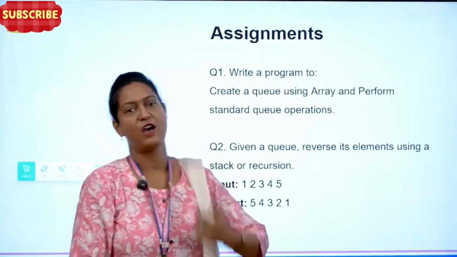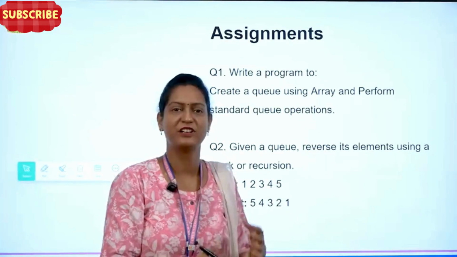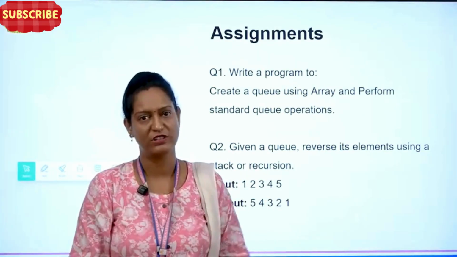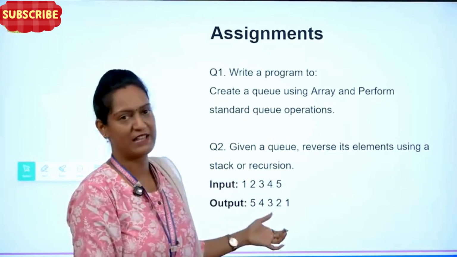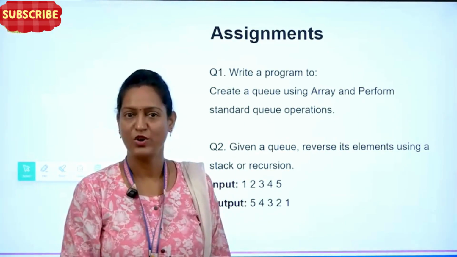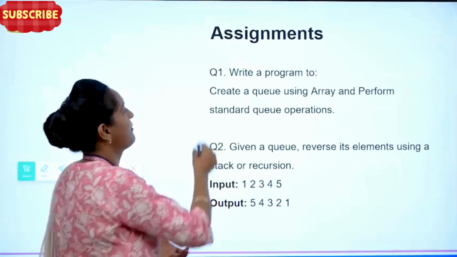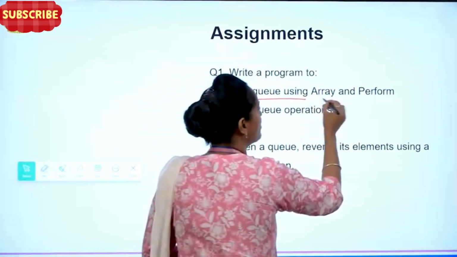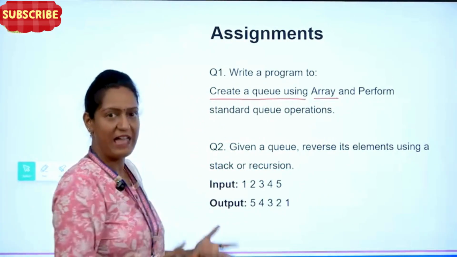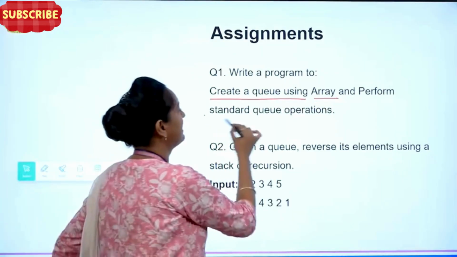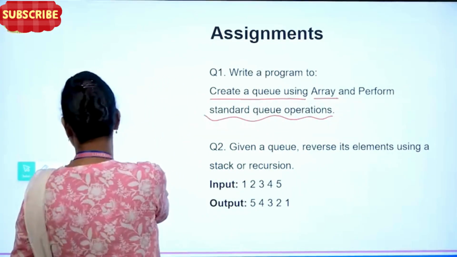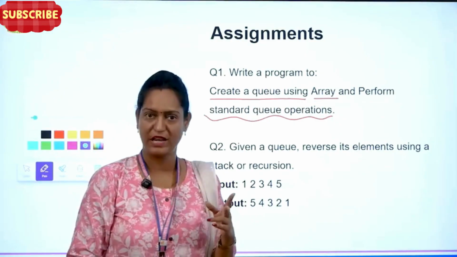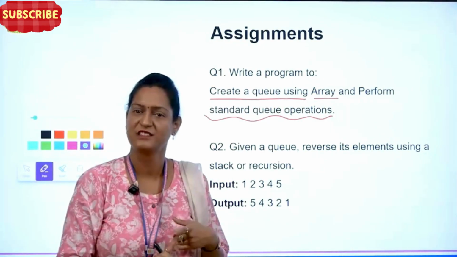So now I have two assignments. After discussing the concept of queue, Enqueue, Dequeue, and the algorithms of queue, I have two assignments so that you can sharpen your knowledge about queues. Write a program to create a queue using an array and perform standard queue operations. Standard queue operations means the two major operations: one is Enqueue and the next is Dequeue.